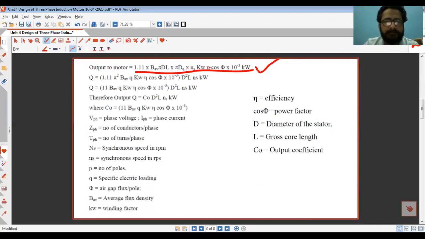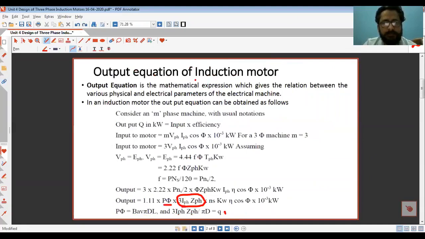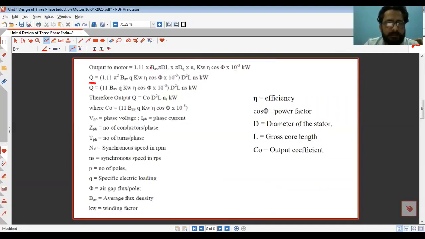On simplifying, π is twice here, and you get the specific magnetic loading B_av into Q, the specific electrical loading, K_w, the winding factor, η the efficiency, and cos φ the power factor.